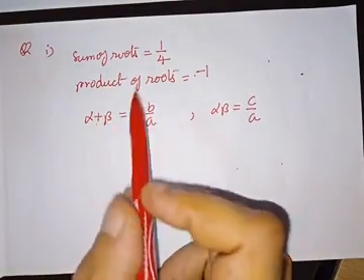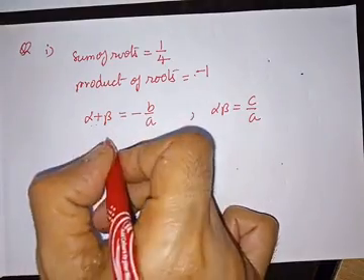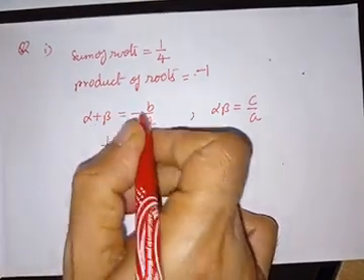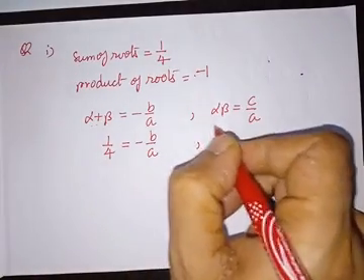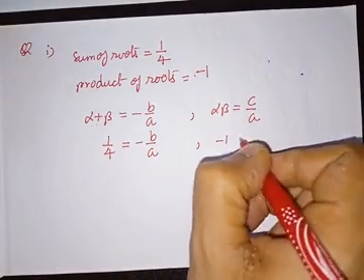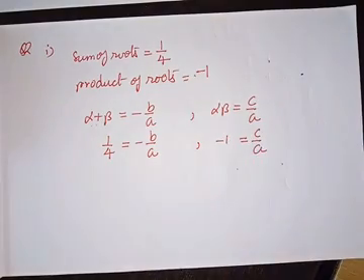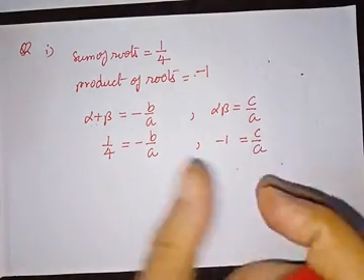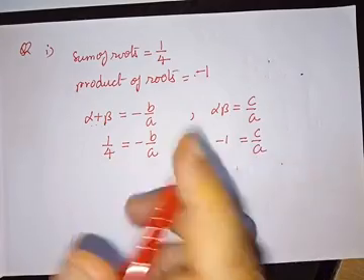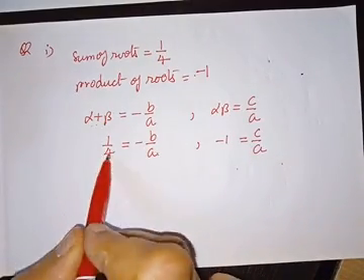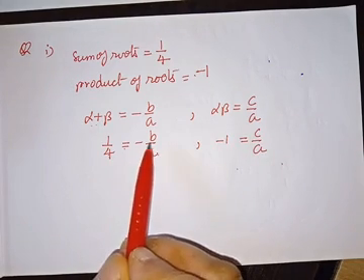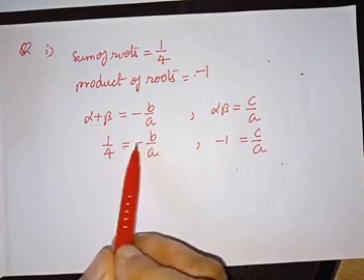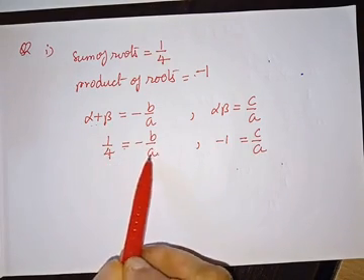Now alpha plus beta is given to you, that is 1 upon 4, which is equals to minus b upon a, and alpha into beta, minus 1, is equals to c upon a. Now if you compare these two fractions, minus b upon a is equals to 1 upon 4. So because these two fractions are equal, we can say minus b is equals to 1 and a is equals to 4.